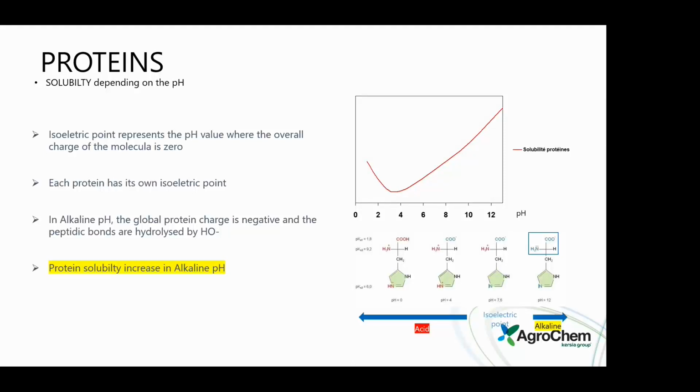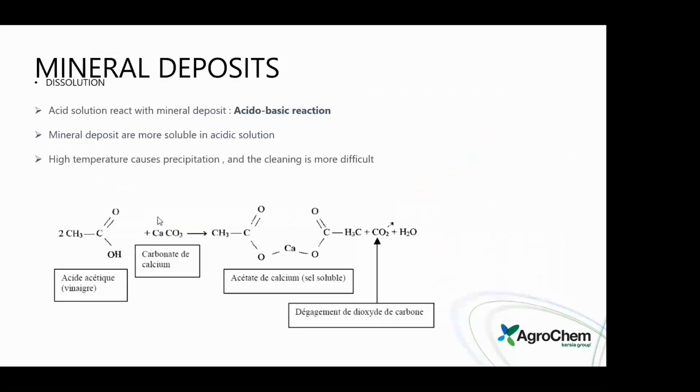So that's, again, using the alkaline to go after the protein aspect. And mineral deposits, the acid solution, again, going after the mineral deposits are more soluble, and the higher temperature, again, based on the acids and the mineral deposits, may or may not work to help you in that aspect.